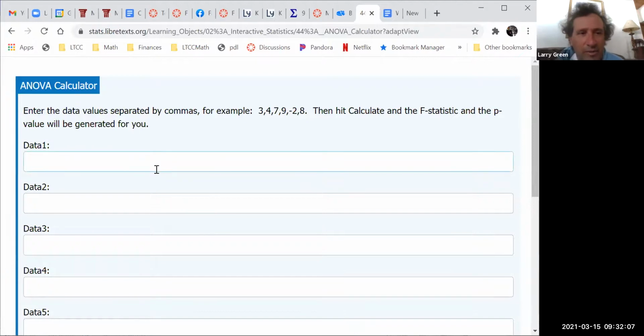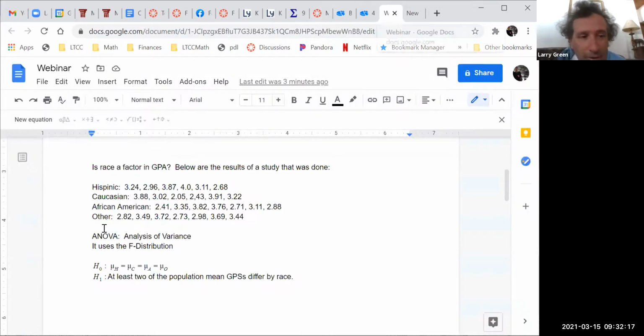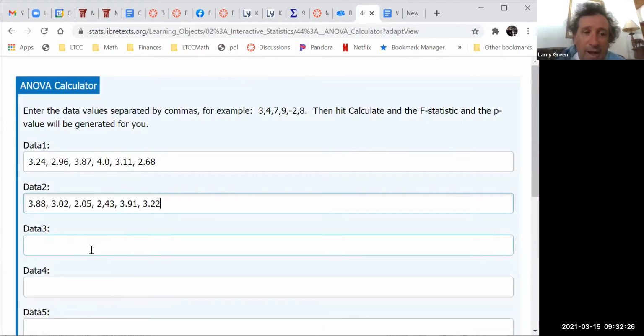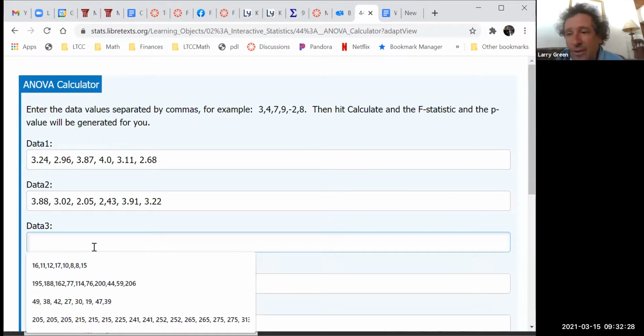Okay. So the way I program this is to separate the numbers by commas and put them in. So that was the first one. And now let's go back and forth. Caucasians, it's this guy. And I recommend, by the way, on an exam, for example, copy and paste if they're separated by commas, because it's a lot easier.